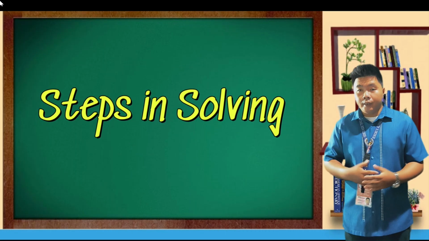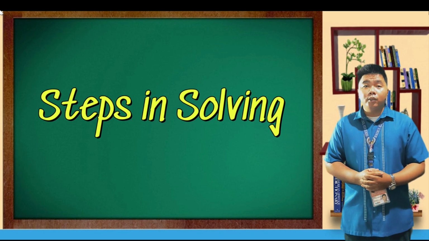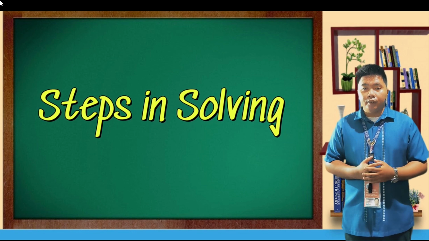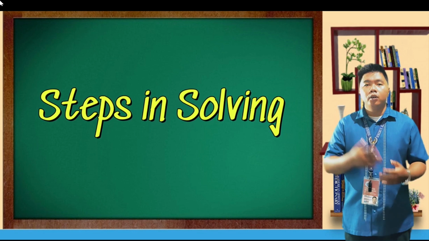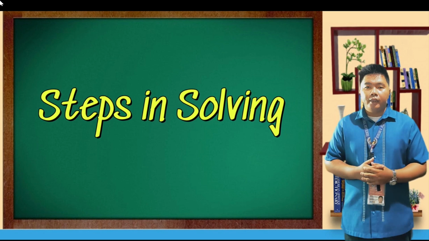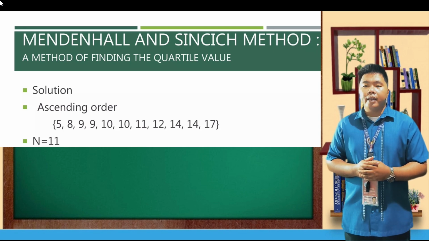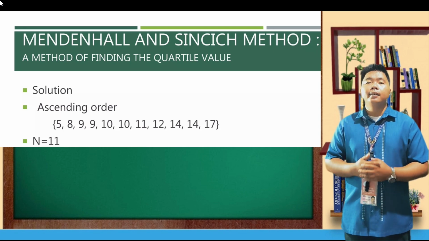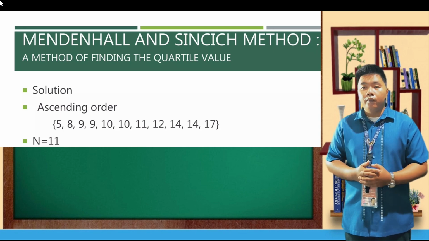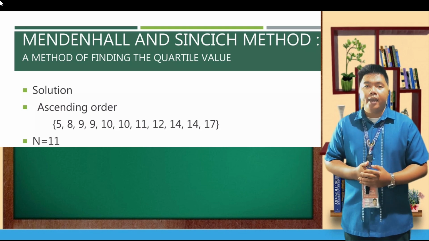Okay, so to follow the steps, first, we need to arrange the data into ascending order or from lowest value to highest value. So the data should be arranged into this order. So the first one is 5, followed by 8, 9, 9, 10, 10, 11, 12, 14, 14, and 17.